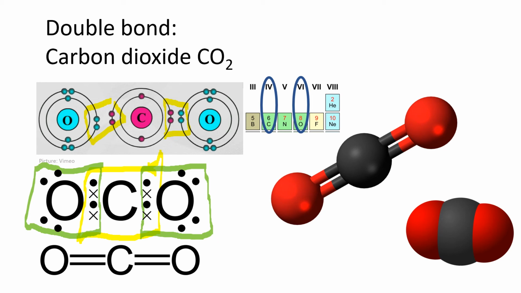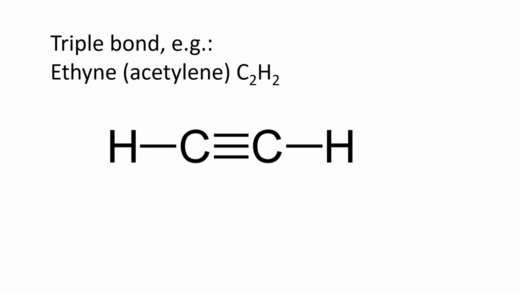Each shared pair of electrons counts as one covalent bond. In a triple bond, two atoms share 3 pairs of electrons. Triple bonds are stronger than the equivalent single bonds or double bonds.